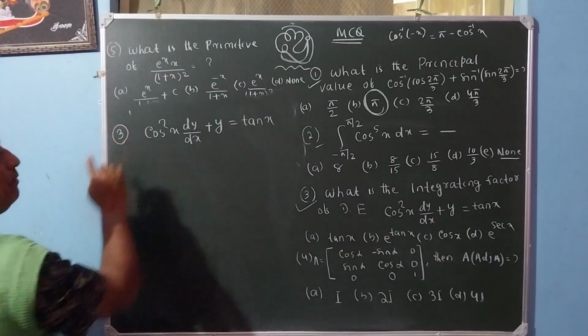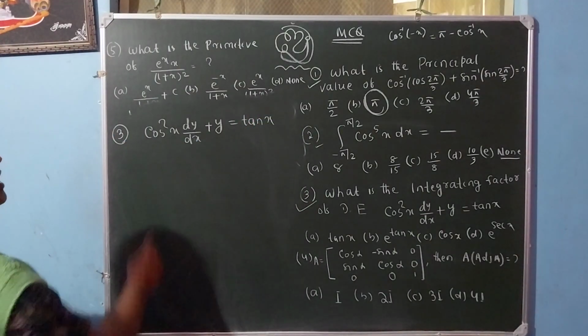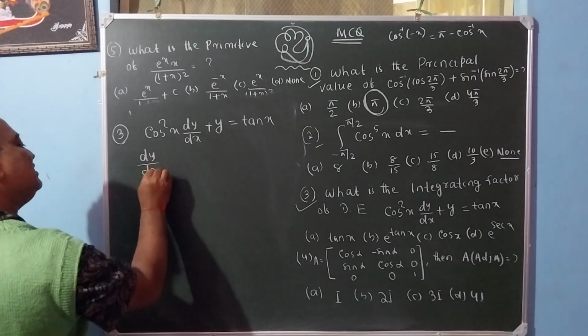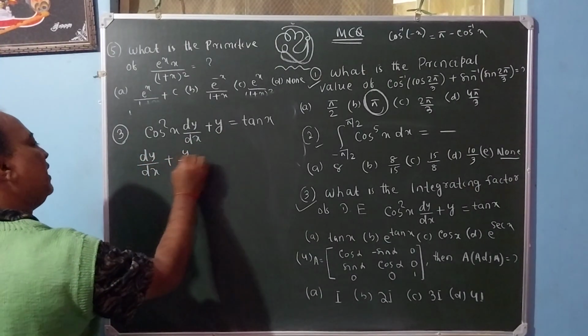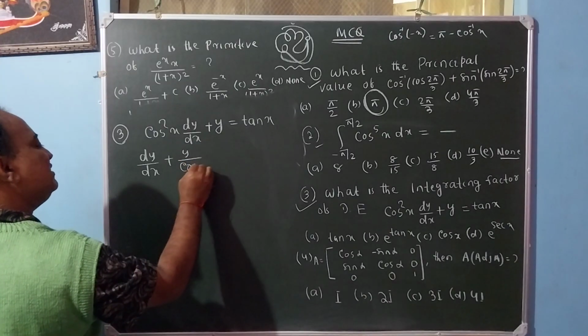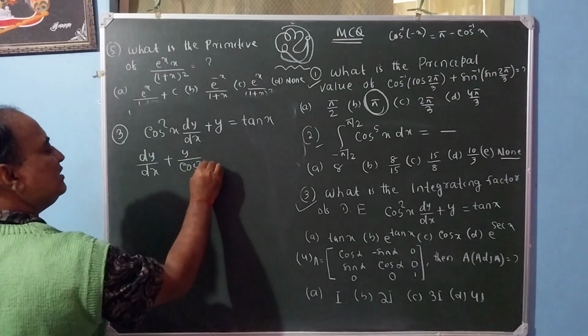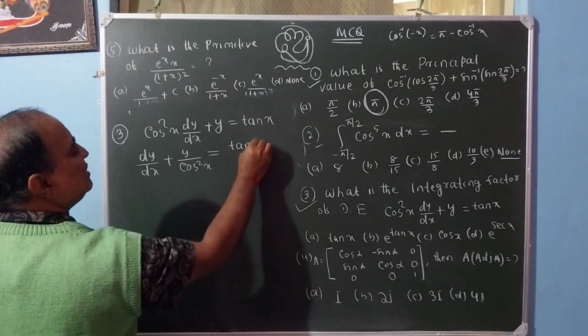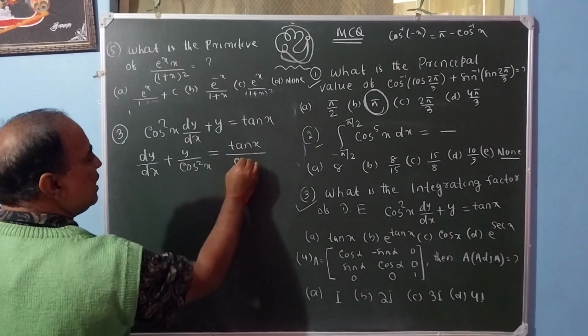First of all, you have to divide by cos square x. So dy by dx plus y by cos square x is equal to tan x by cos square x.